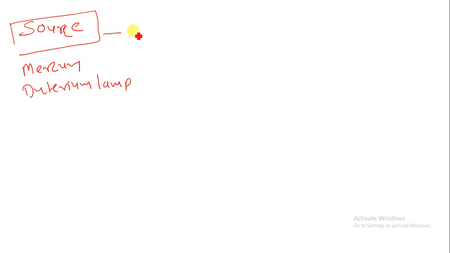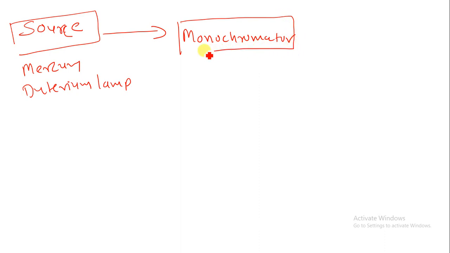This UV radiation passes through the monochromator. What is a monochromator? It converts polychromatic light into monochromatic light.